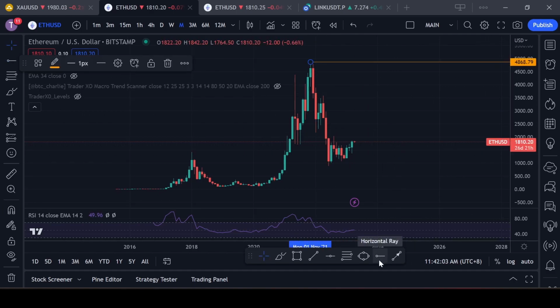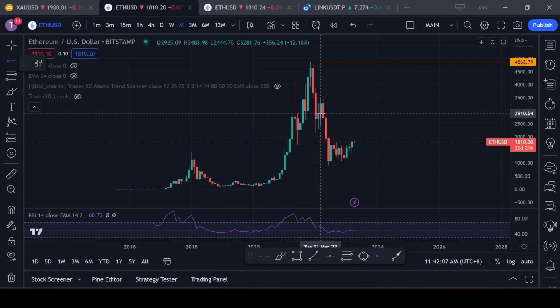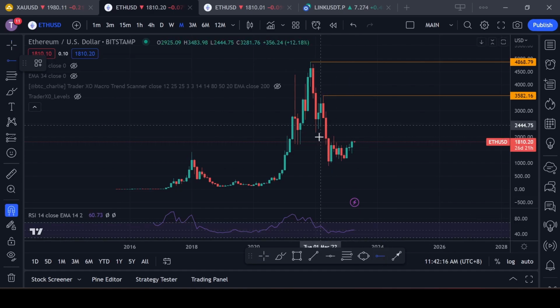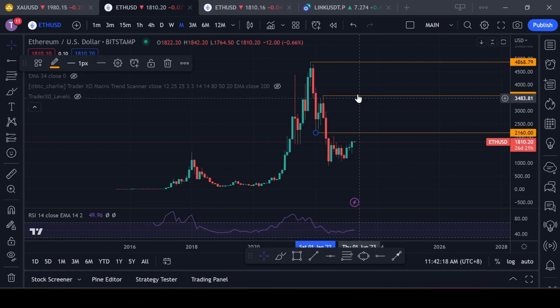That's one of my key levels. You can see it broke down, created a lower high. That will be my next key level. And you also can mark the lows. Very simply over here, this would be a key level. So just basically seeing structure, that is mainly my key levels.